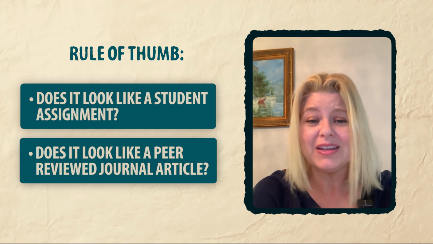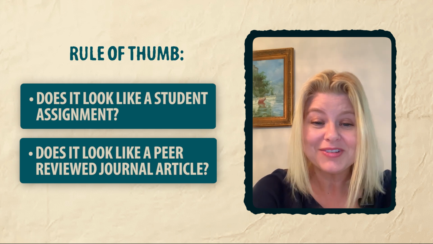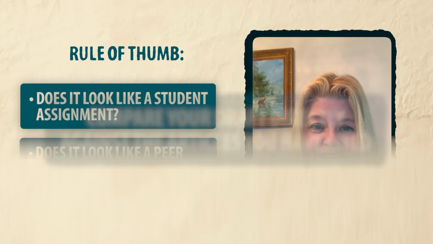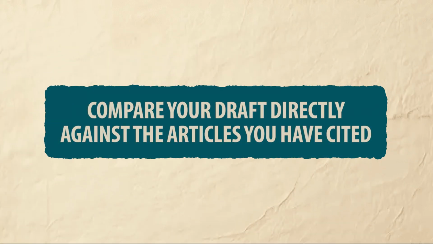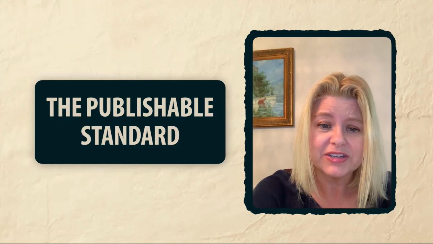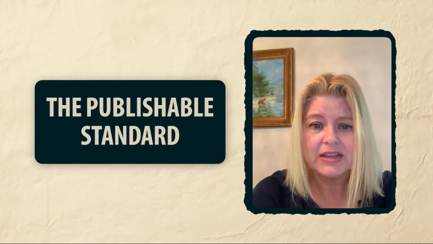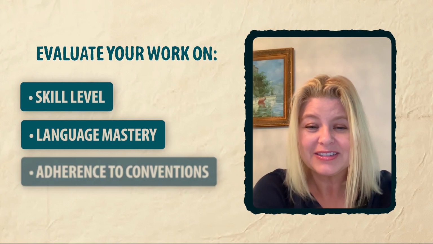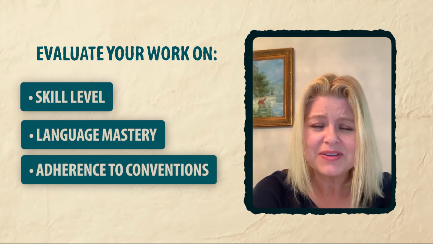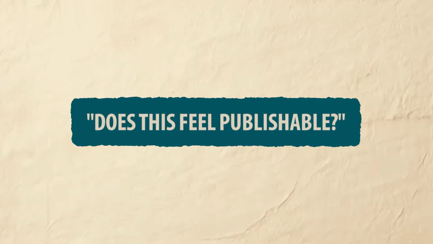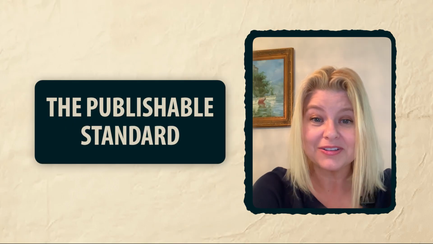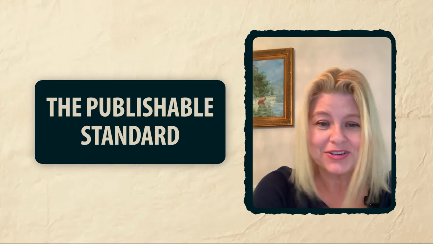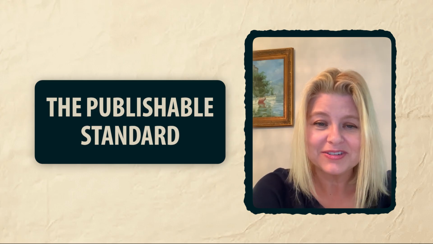If you pick any one of the probably hundreds of articles that you have cited in your dissertation, and read your dissertation next to that article, how similar do they sound? As far as skill level, as far as mastery of language, as far as adherence to conventions? These are all things that you want to think about. Does this feel publishable? is a question that you should be asking yourself. And the closer you get to yes, the closer you are to being done editing your dissertation.